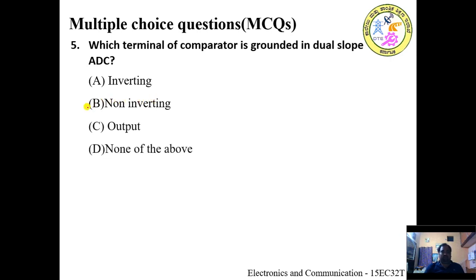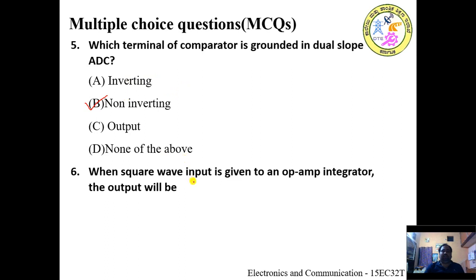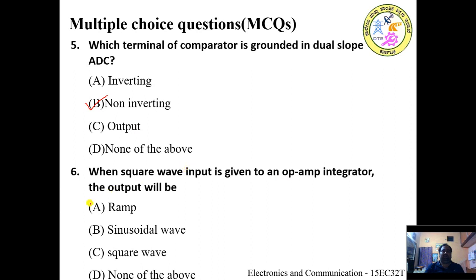Obviously, the answer would be the non-inverting terminal is grounded because the output of the integrator is provided as input to the inverting input of the comparator. When a square wave input is given to an op-amp integrator, the output will be ramp, sinusoidal, square wave, none of the above. Obviously, ramp.